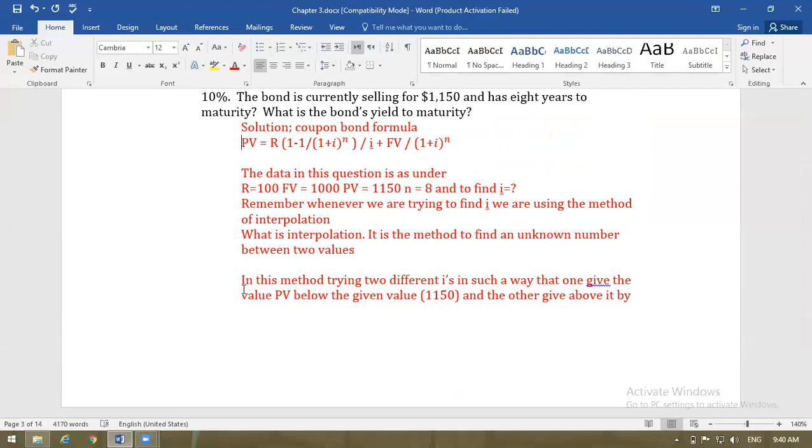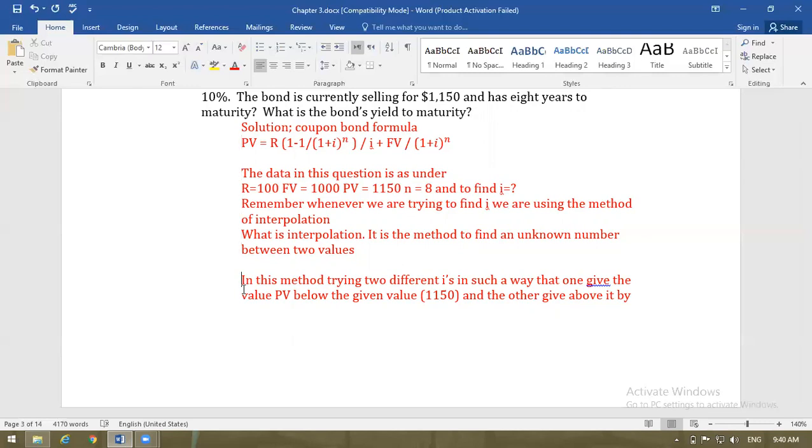We will find two present values for this bond on the basis of some arbitrary interest rates. One value must be lower than 1150 and the second value must be greater than 1150.